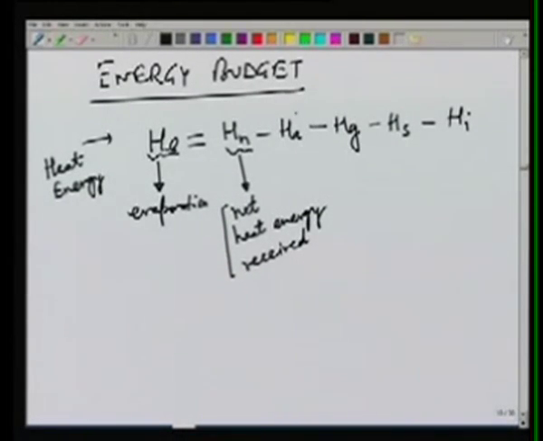Ha is the heat which is transferred to air or lost to air. So we can say that this is the heat transfer from water to air, or we can say sensible heat transfer from water to air. Hg is heat transfer to ground.